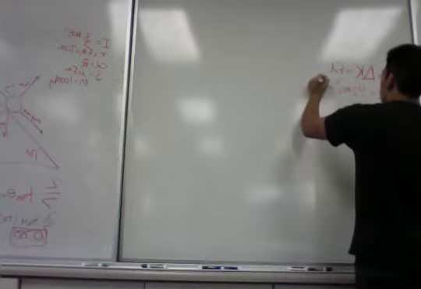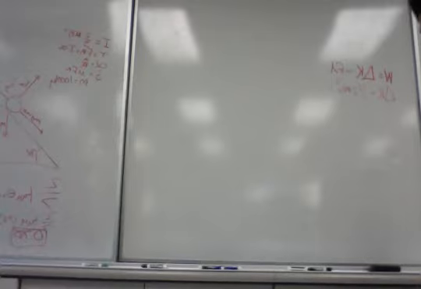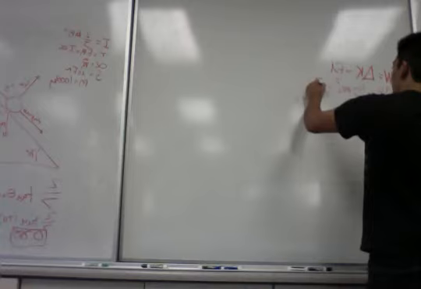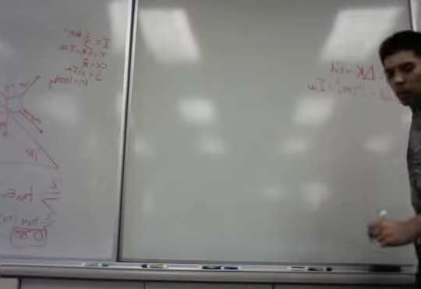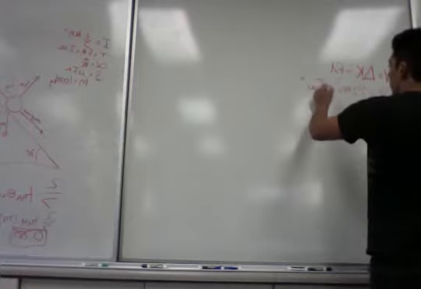minus, when using the equation in terms of inertia, it's going to be plus I angular velocity squared divided by 2, or times half.